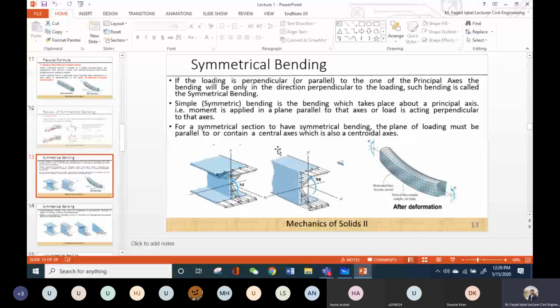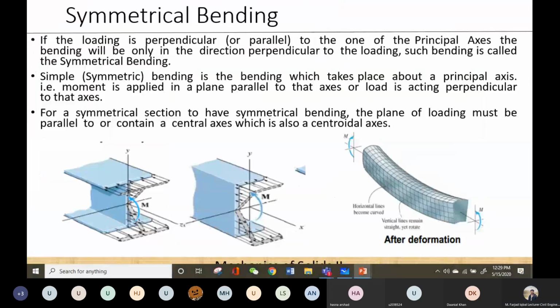Okay. So now what is symmetrical bending? Symmetrical bending is when the loading is parallel or perpendicular to one of the principal axes, or for that matter symmetrical axes in the case of a symmetrical section. Then the bending will only be in the direction perpendicular to the loading, just like we discussed in the first slide.